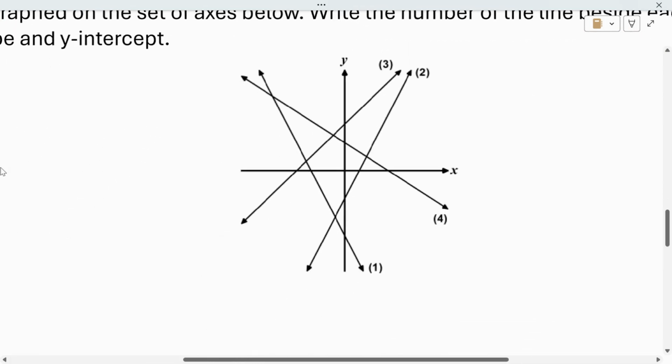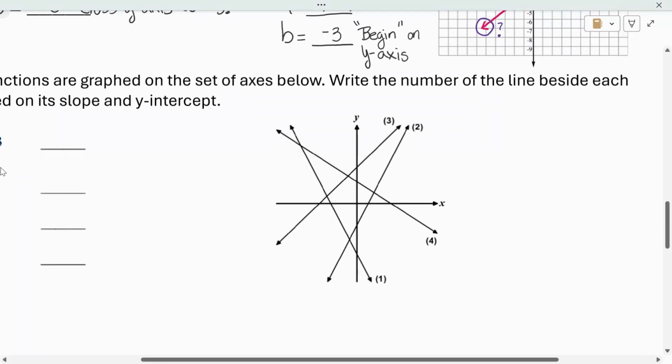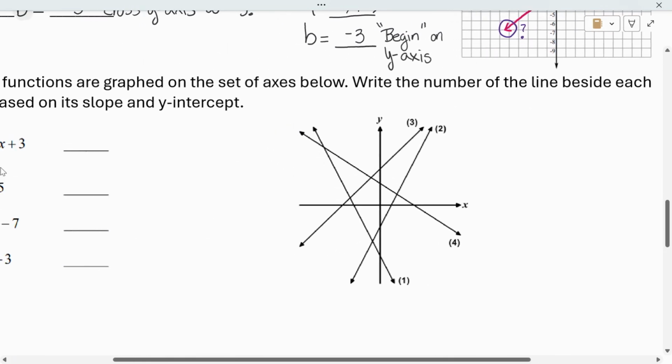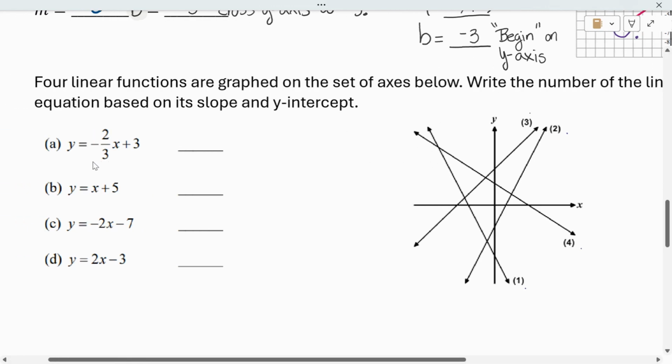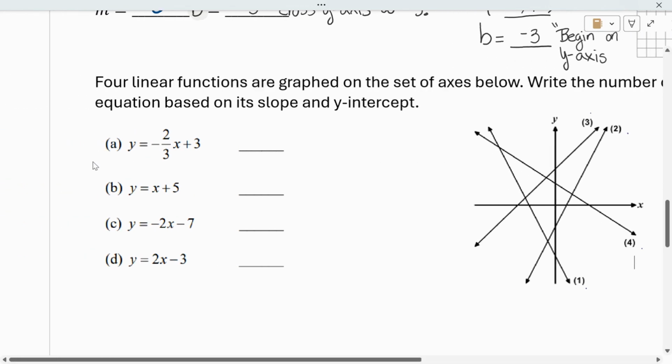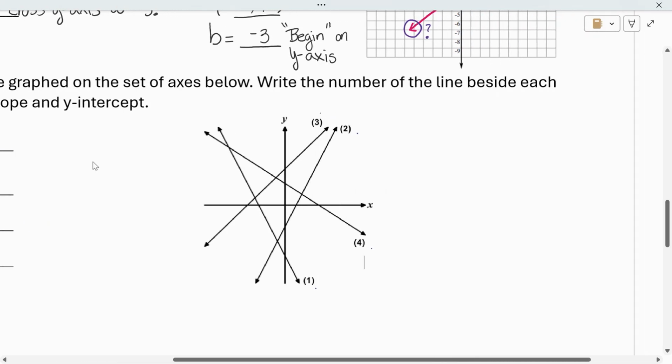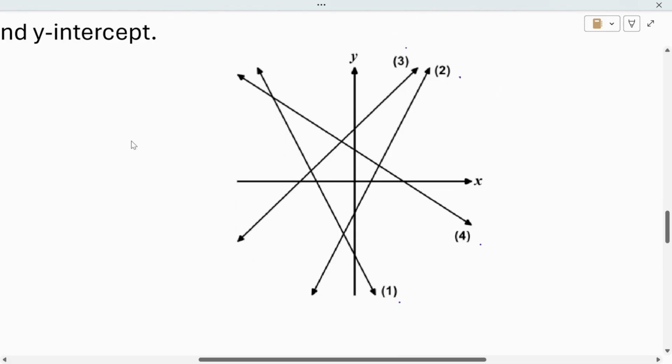Our last example is kind of like a matching activity, and I put this in here because you have something similar to this in your homework. So we're going to match the lines, line 1, 2, 3, and 4, with these equations over here. But I'm not even going to look at the equations right now. I'm just going to look at the lines. And I think that we can determine something special about each line.